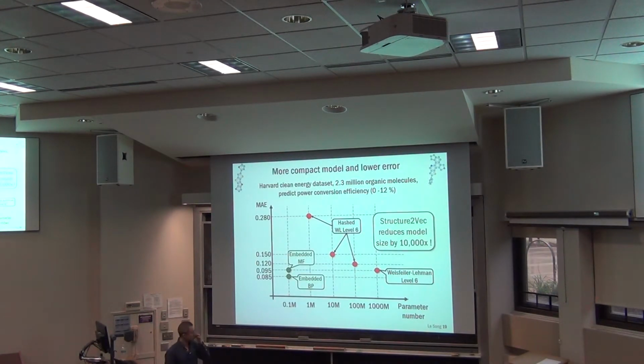So this is essentially the result. You can look at the number of parameters versus the predictive accuracy in terms of MAE. This is log scale. Using this level 6 Weisfeiler-Lehman feature, you actually have 1.3 billion features, and you get an MAE of 0.05. You can compress it using these hash functions by 10 times. The more you compress, the more you lose in terms of performance.